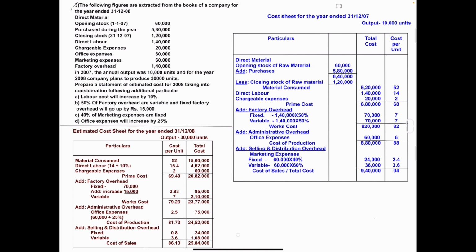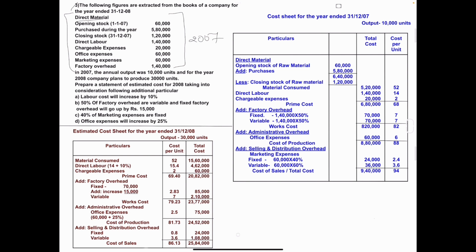Direct material, in that opening stock, purchases, closing stock, direct labor, chargeable expenses, office expenses, marketing expenses and factory overhead. All this information is related to 2007.